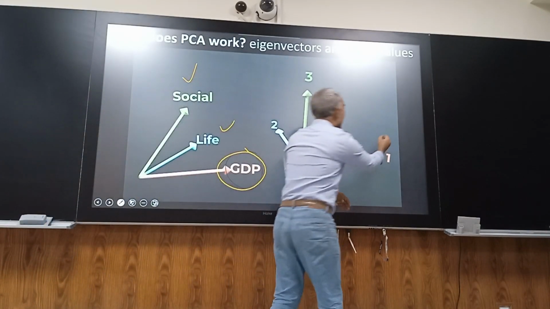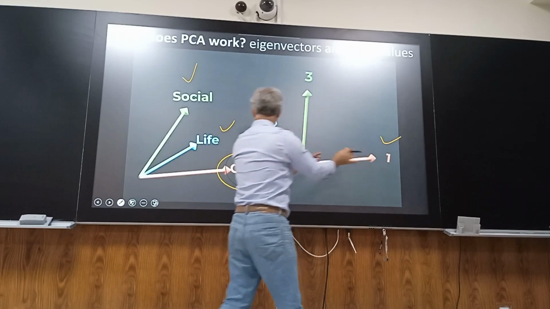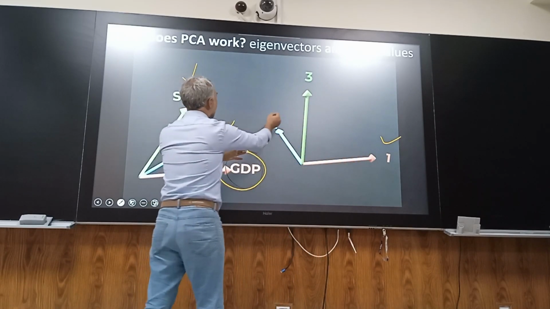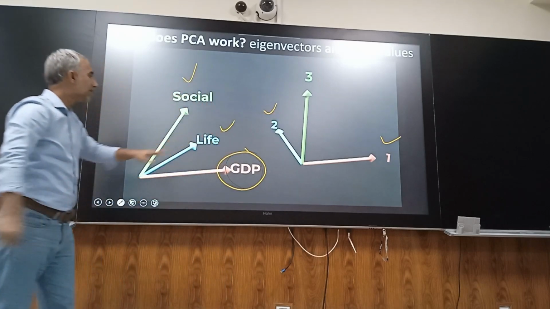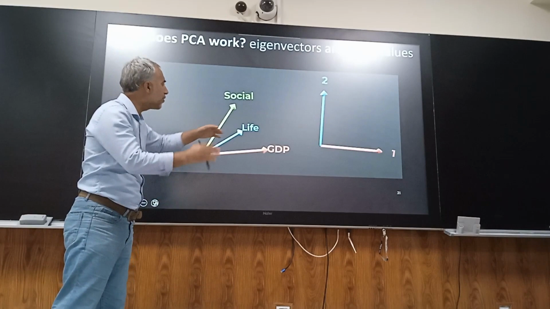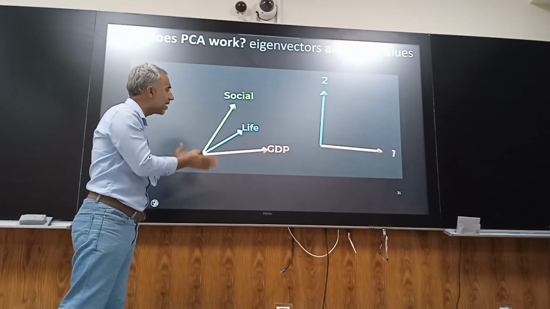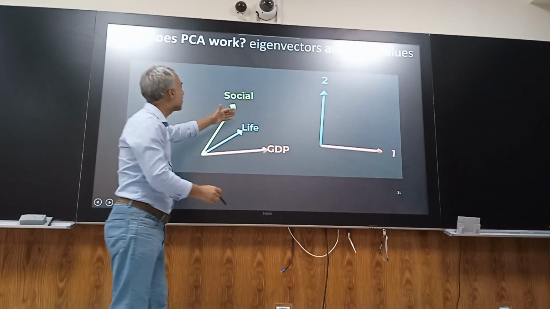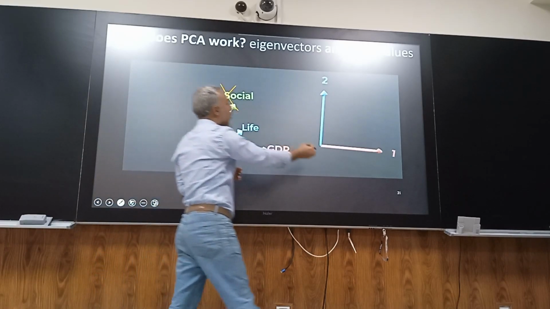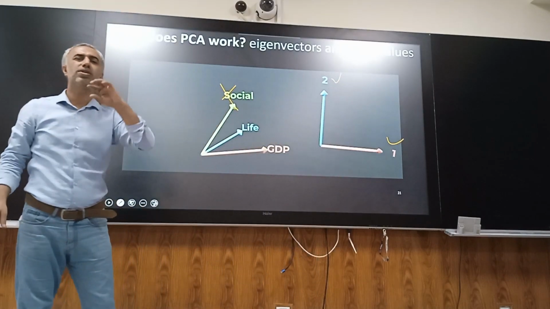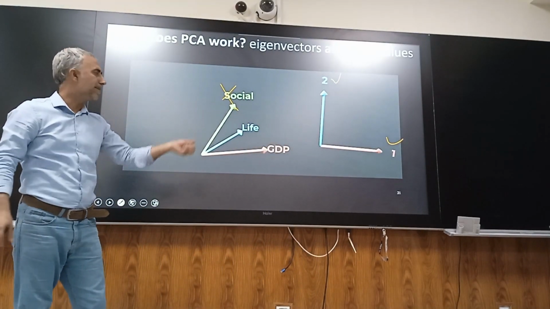Therefore we can rank that GDP is at the first rank, life is at the second and the social value is at the third one. Furthermore, if we want to get rid of or reduce the dimensions out of these three possible components, we can ignore the social one. We can say that GDP and life are sufficient to talk about any country's stability.